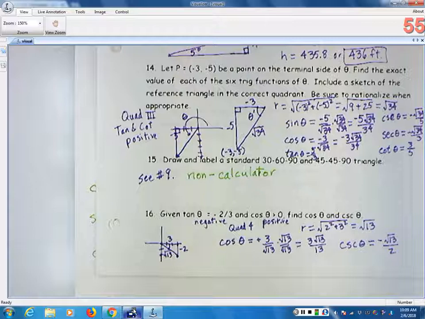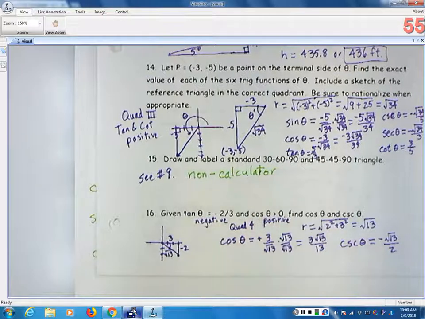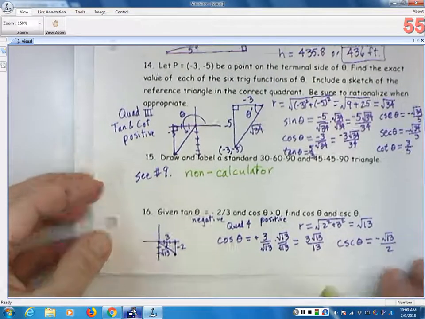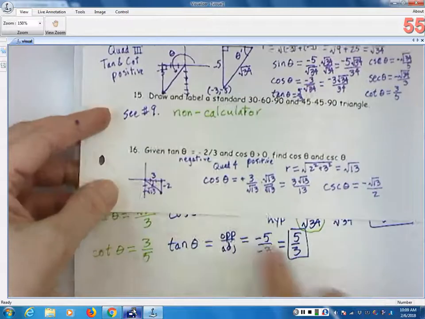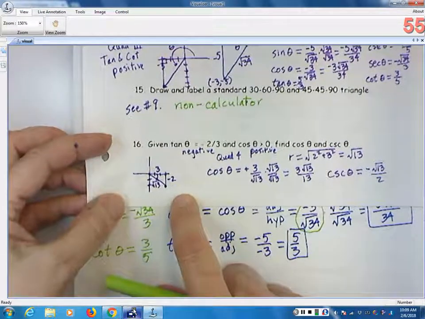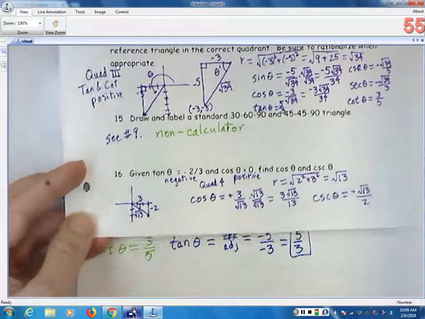Once you have your unit circle, you should be able to draw these too, but multiply through the sides by 2. Okay, and then the last one.